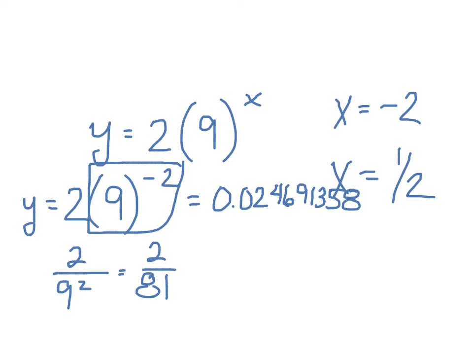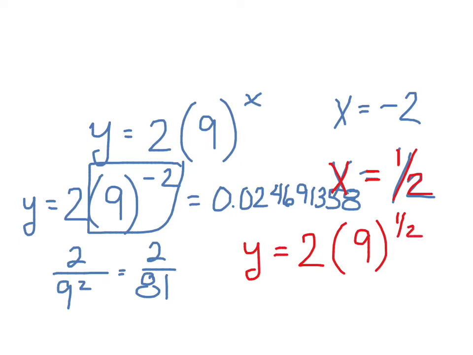Okay? So then, for the next one, I got to put in a positive 1/2. I'm going to put that in red so that we have it on the same screen. So I have y equals 2, 9 to the 1/2 power. Now, if you recall from section 6.1 or maybe 6.2, the 2 stays here, but 9 to the 1/2 power is the same as the square root of 9.